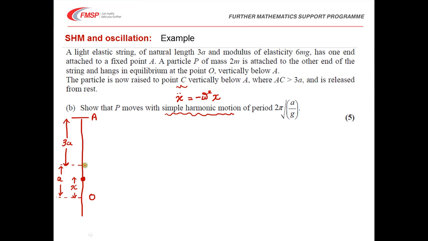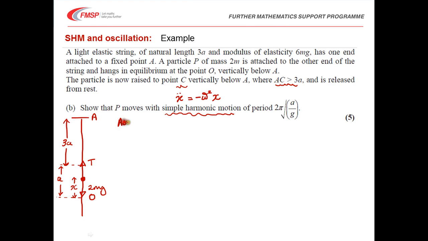Okay, let's put some forces into the diagram. Because it tells you that AC is greater than 3a, that means that the particle is released at a point that's below the natural length of the string, so it will stay in tension all the time. So there'll be a tension acting upwards, and downwards we've got our 2mg weight. Once we've got all of that information into the diagram, we can start thinking about Hooke's law.